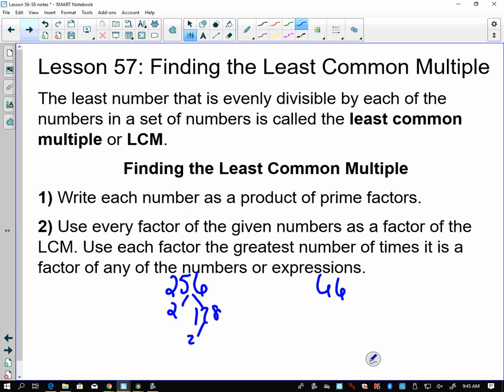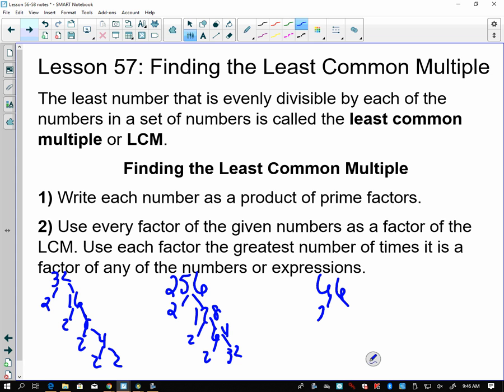Break that down into 2's. 64, then 2 and 32, then 2 and 16, 2 and 8, 2 and 4, 2 and 2. So just so that we're seeing this, that's 1, 2, 3, 4, 5, 6, 7 2s. It breaks down into 7 2s.